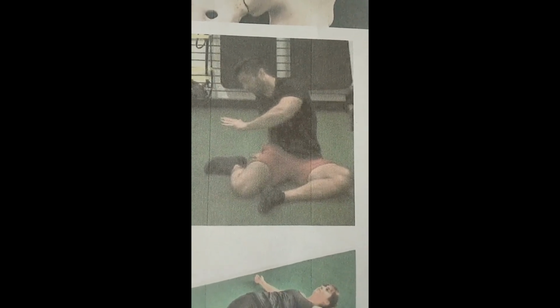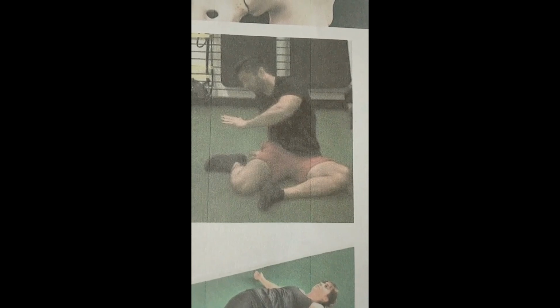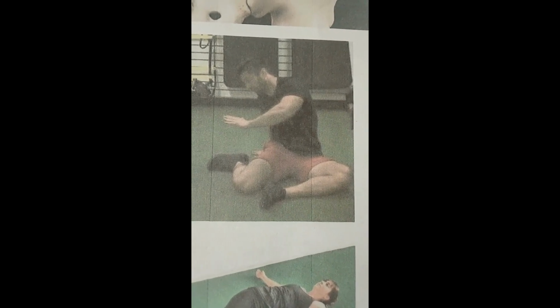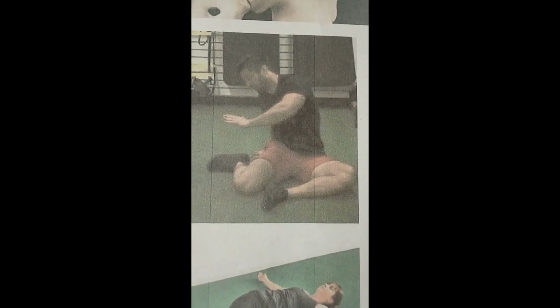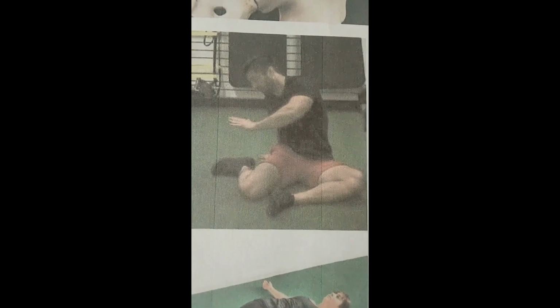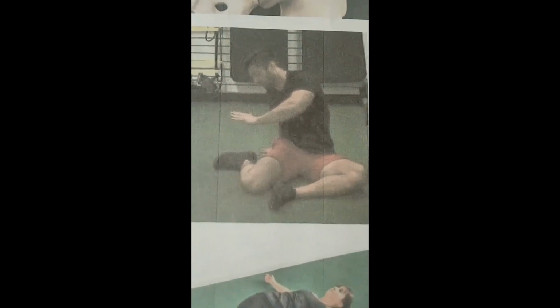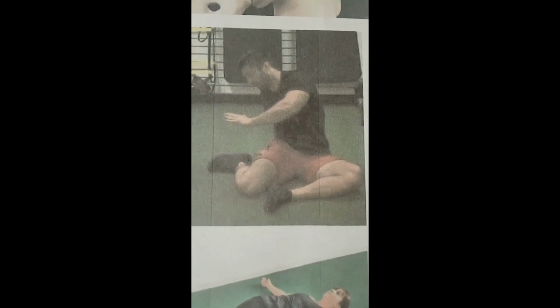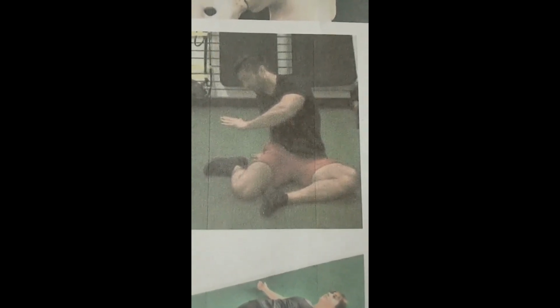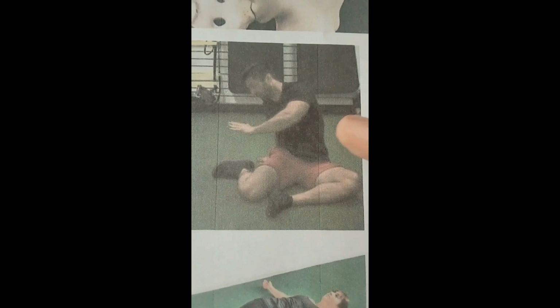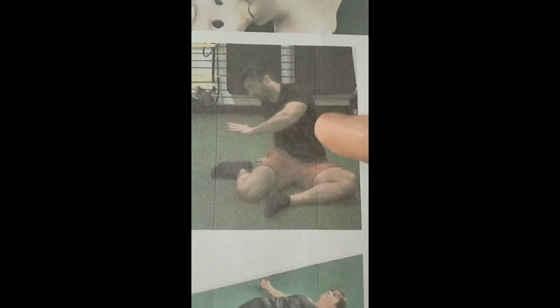Okay, the next stretch is a 90-degree leg stretch where you will be seated on the floor. Now, we're going to explain this as if the left side is tight.